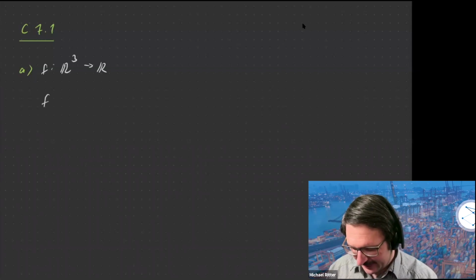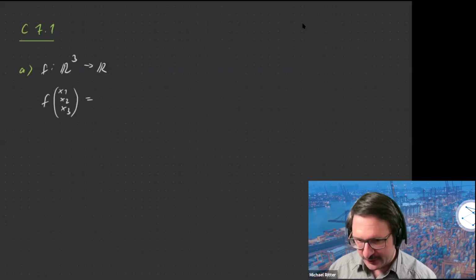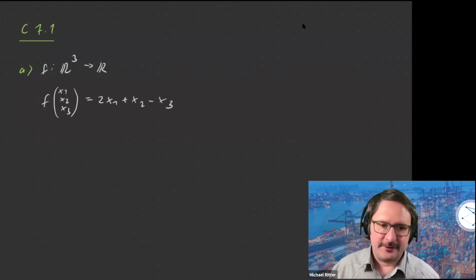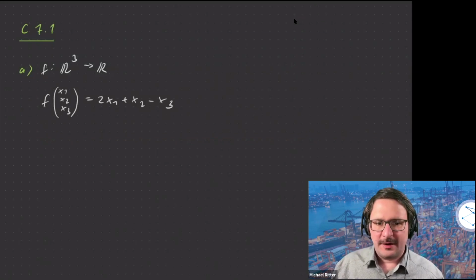And F is defined as mapping the vector x1, x2, x3 to the real number 2x1 plus x2 minus x3. And the task is to decide whether that is linear or not.